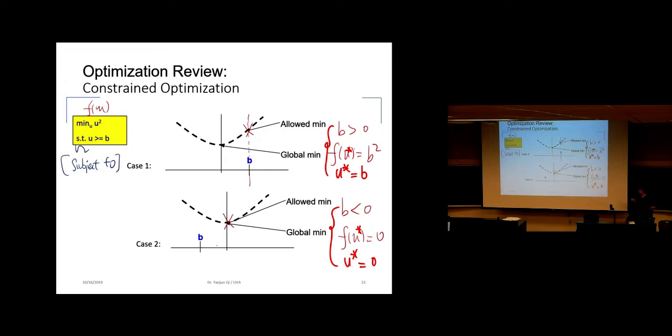Pay attention to this. This is the minimized objective we're looking for: the minimal value of the u quadratic function, which is f(u) star. It is b quadratic, at this point, and in the other case it's this point.